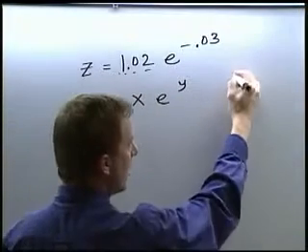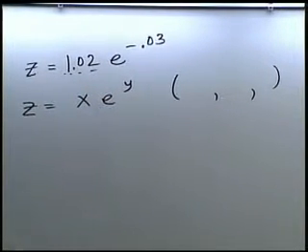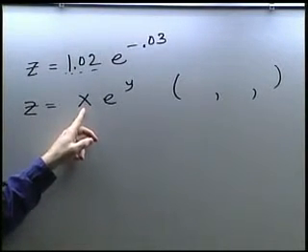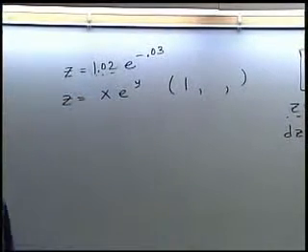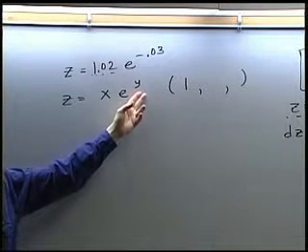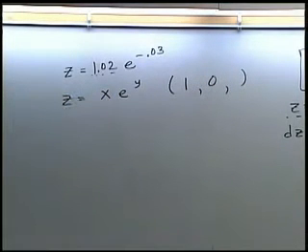Now, what's the ordered pair that I want to start at, or the ordered triple, I guess? x is really close to what? Really close to 1, so I let x be 1. y is really close to what? 0, so I let the y-coordinate be 0.